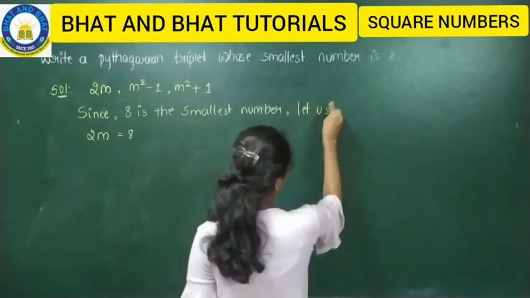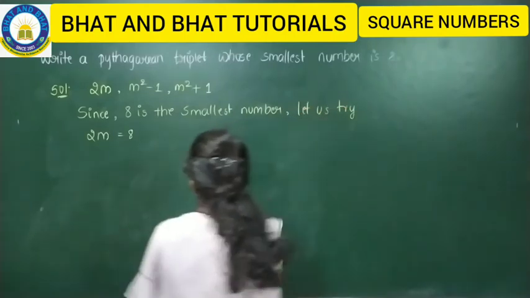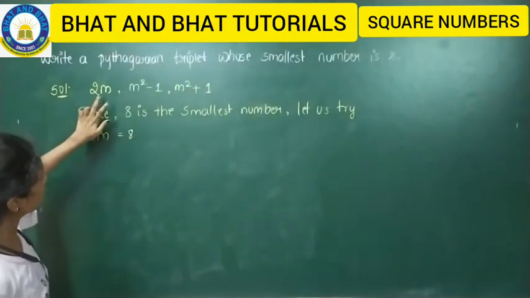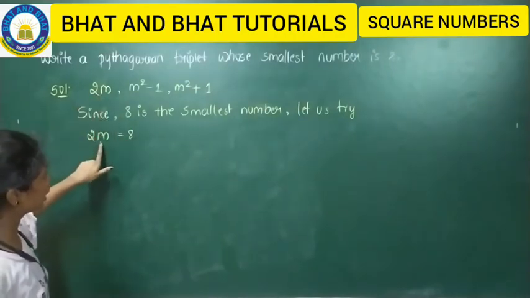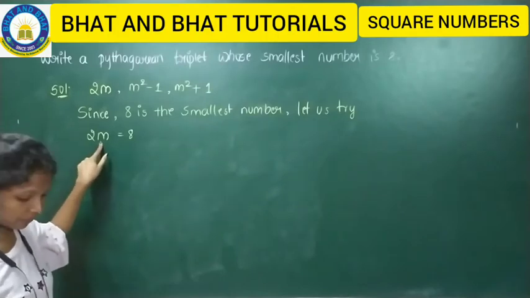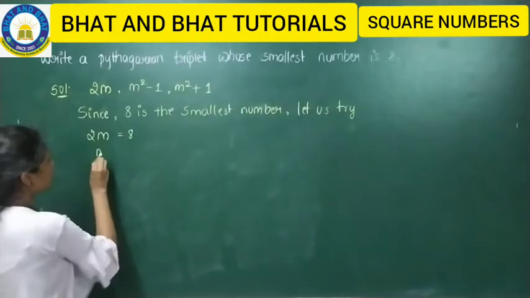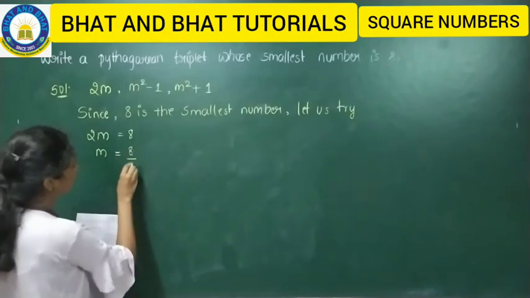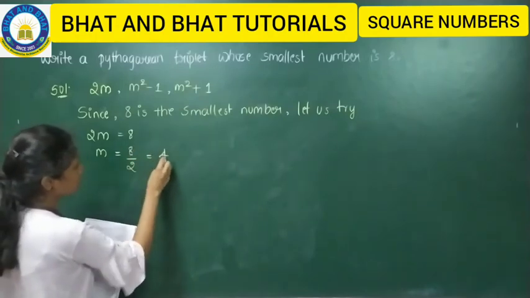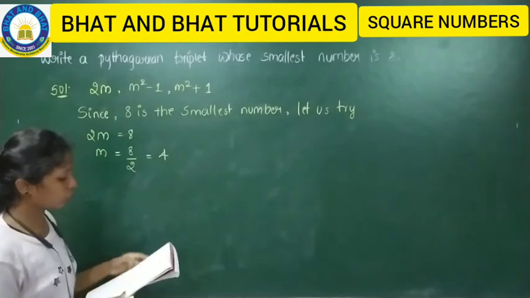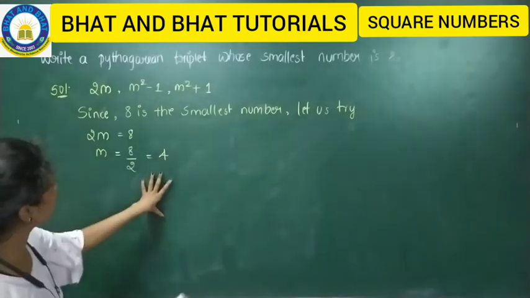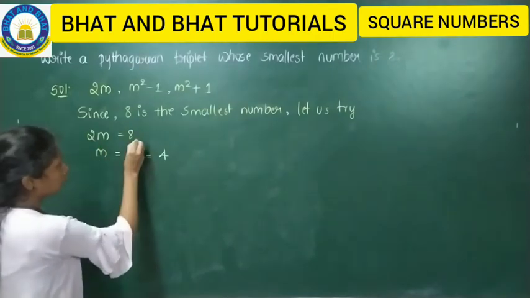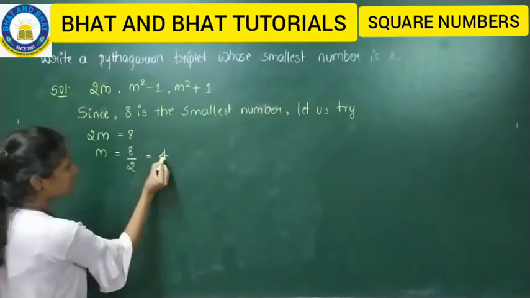Let us try 2m is equal to 8, okay. So if 2m is 8, you should get to know what is the value of m, right? So m is equal to 8 by 2. It is 4. So now you got to know m is nothing but 4. Okay. So now you got to know 2m is 8, in that m is 4.